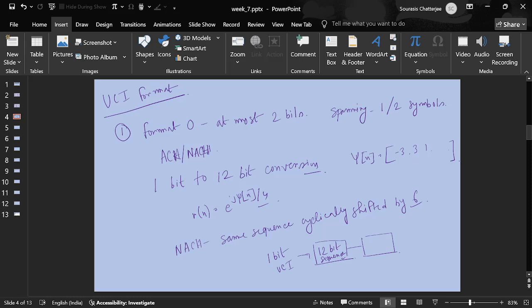Is that a real sequence or complex? It's e to the power j phi, some angles, right, at the end of the day. So this 12-symbol sequence is a sequence of complex symbols only. So no further modulation is applied. It's just those symbols are mapped on the PRBs or OFDM grid, and these are transmitted.